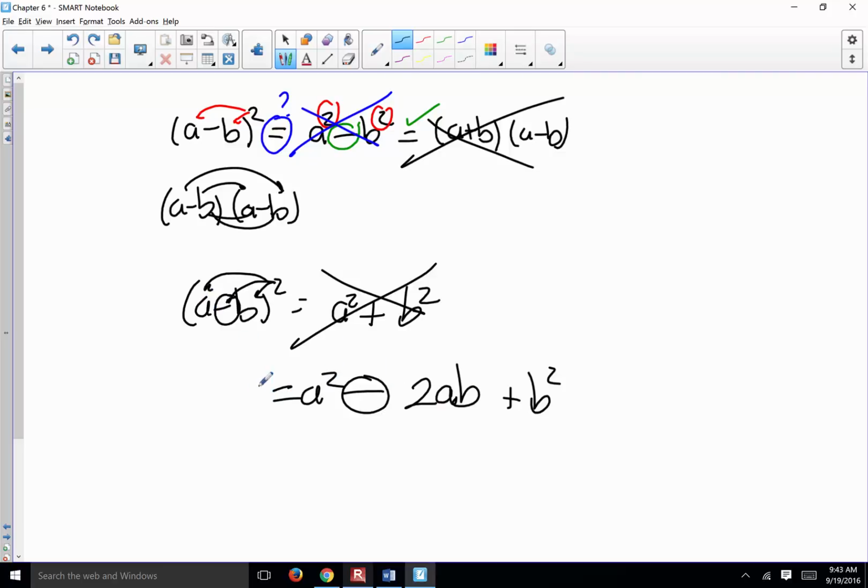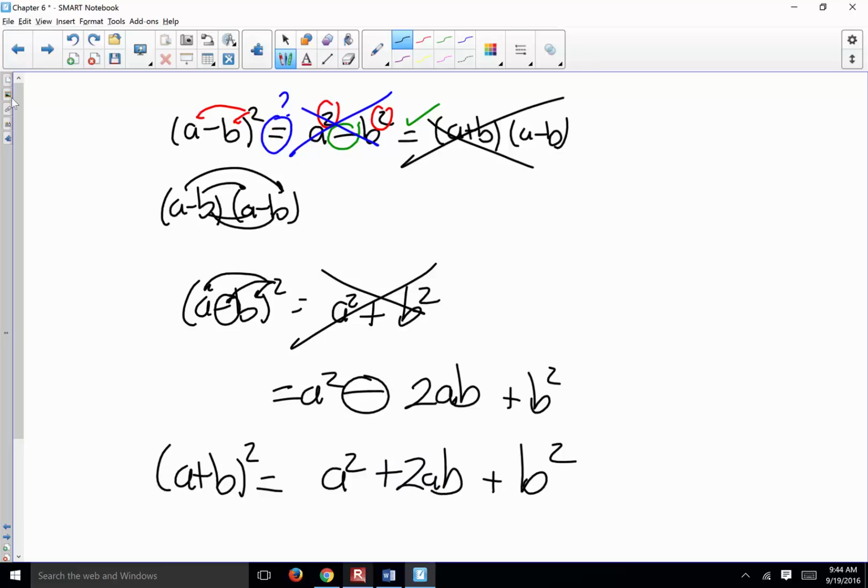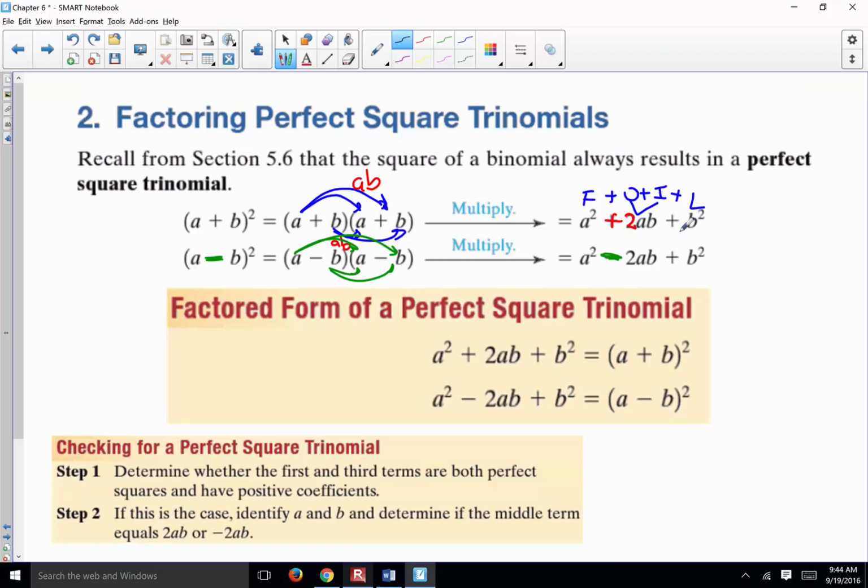If it's a plus, you start with square first, square last. What do I put in the middle? This is a plus. I put plus 2AB. So, anyhow, all you need to know is this.